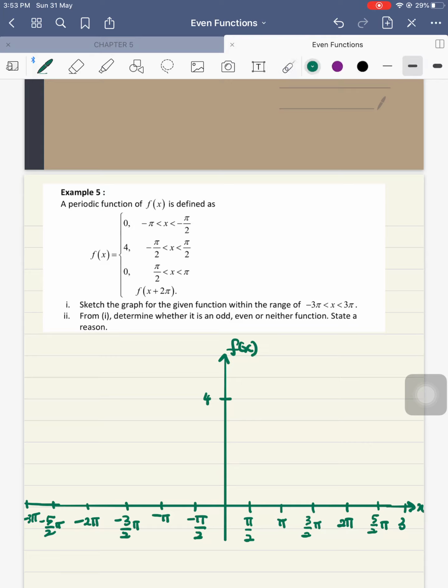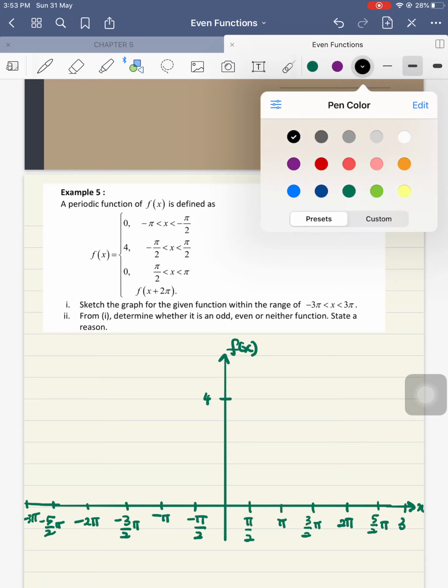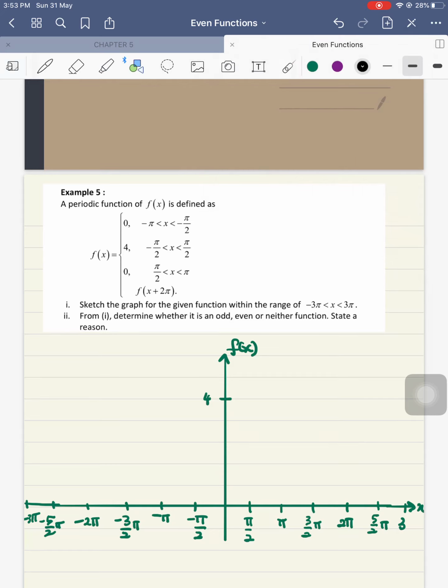Okay, so you can directly sketch the graph. For the first function here, you have a value from negative pi until negative pi over 2, which is from here until here. Your f(x) is always 0, so therefore you will have a straight line here, 0.